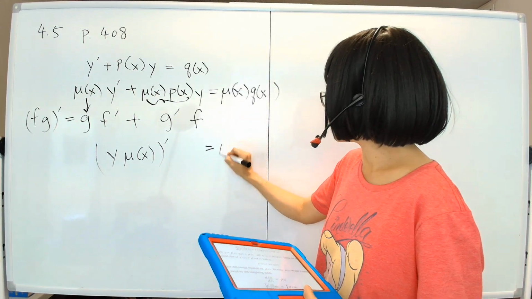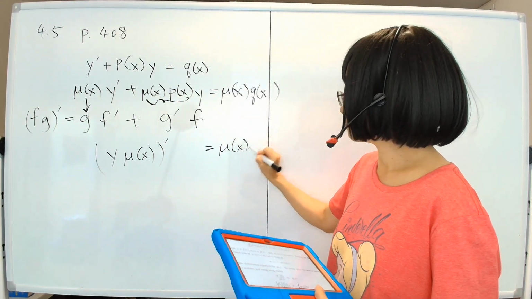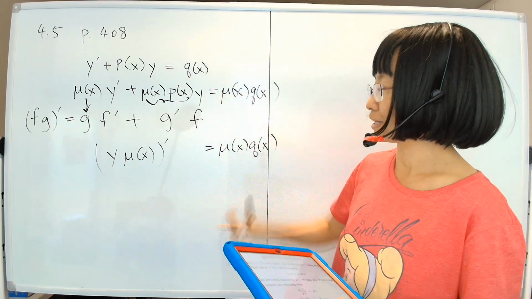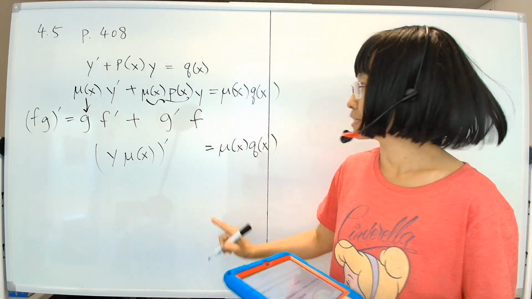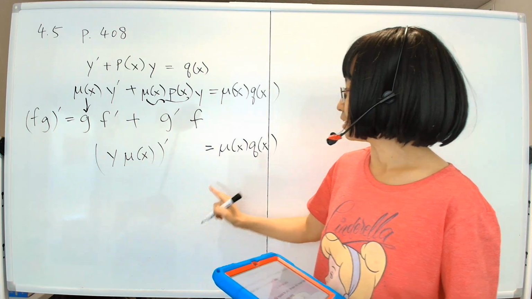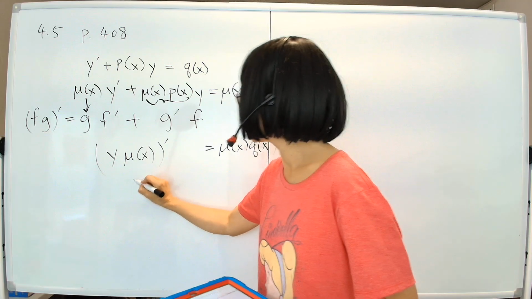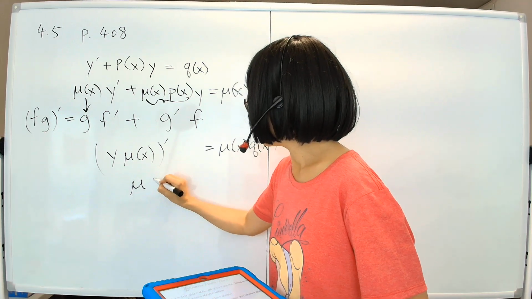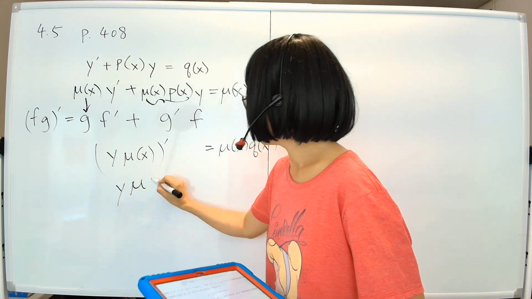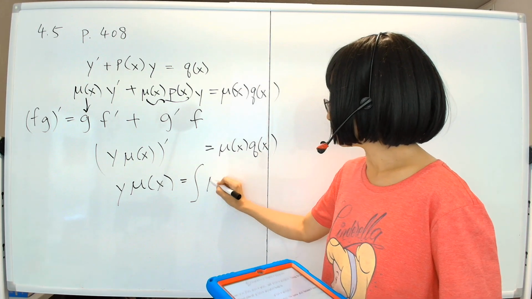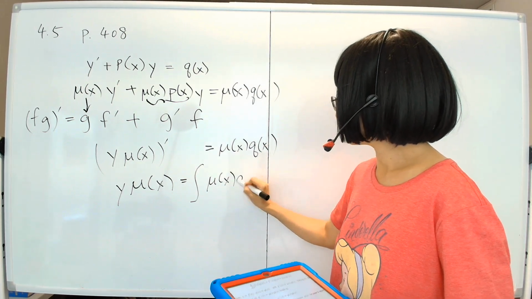The derivative is equal to mu of x q of x, because everything match up perfectly. If we can find mu of x, and the reason we want to find it, that means, being that that's the derivative, it means we can integrate both sides. Then y mu of x then equal to the integral of mu of x q of x.